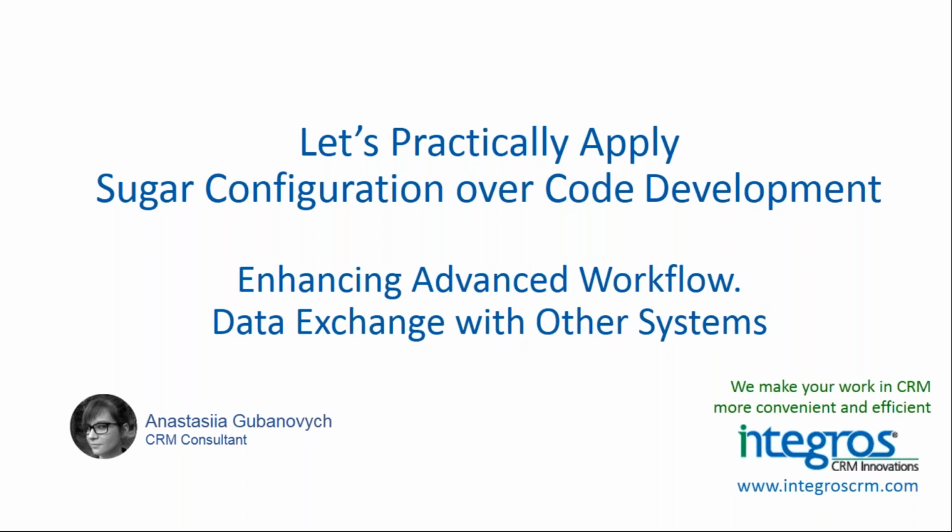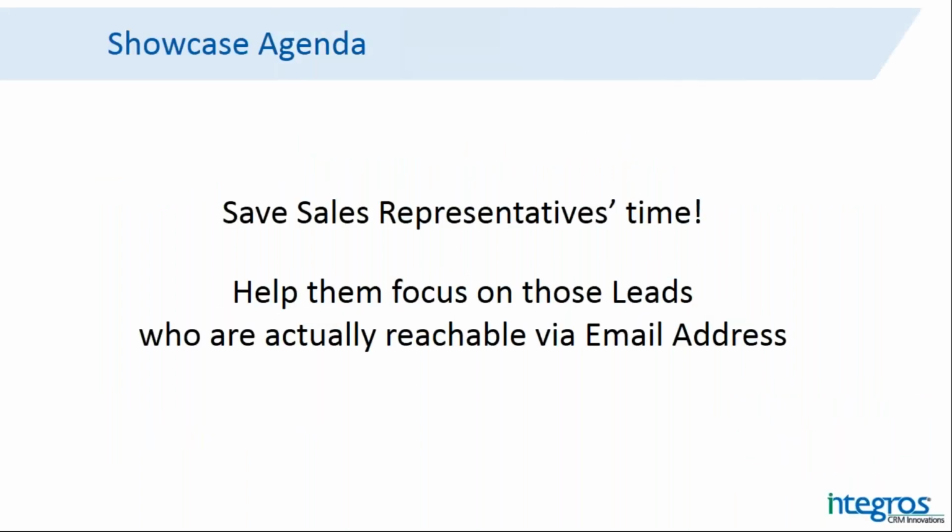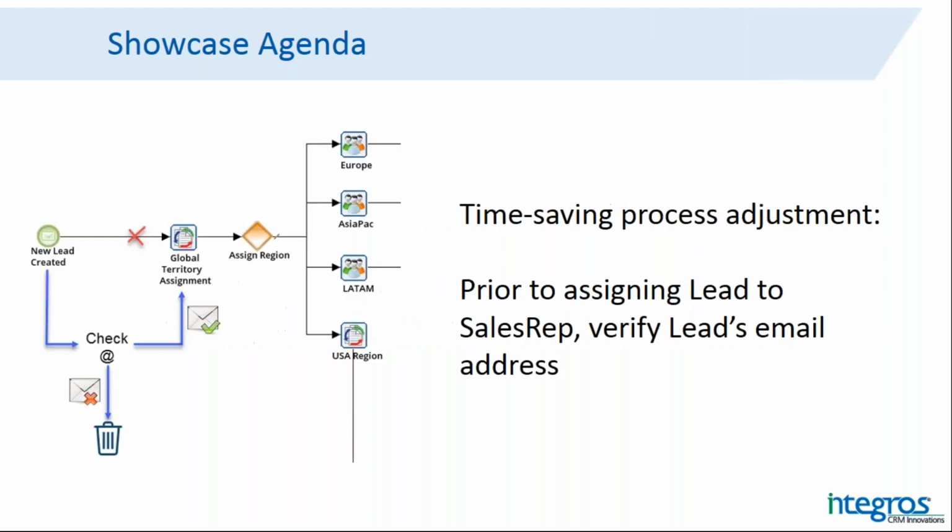Going to apply advanced Sugar configuration technique to overcome a business challenge. So today we are going to save sales reps time by providing the possibility to focus only on leads who are reachable via the provided email address. And for this, we will extend the lead routing process in advanced workflow.